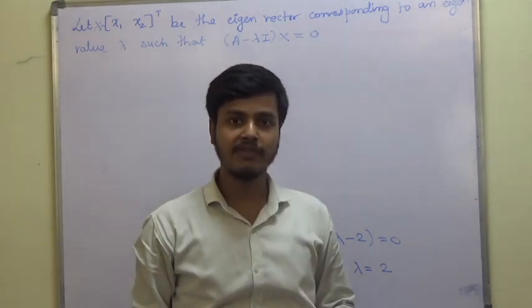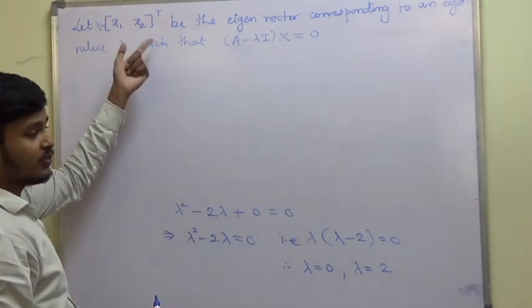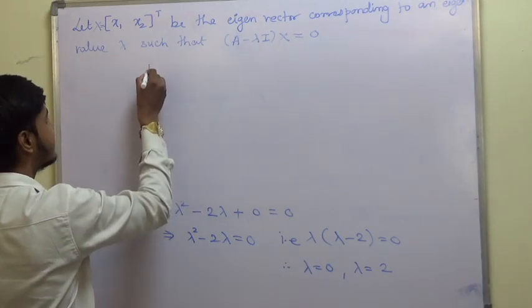Okay, now you have a matrix, you have a vector x1 x2, so let us find out. So what is A minus lambda I?